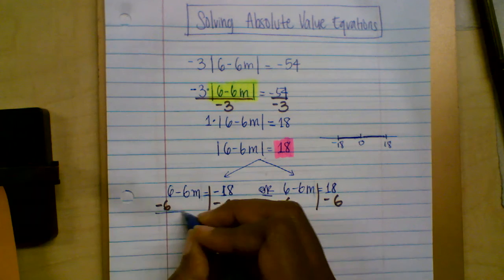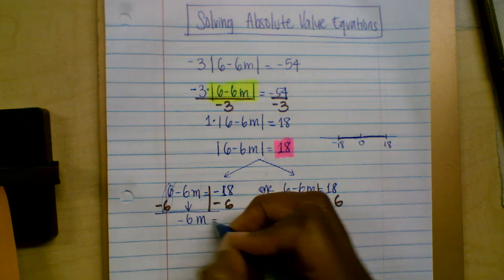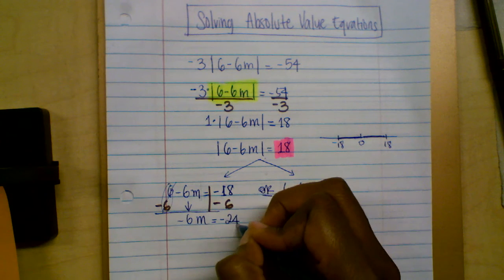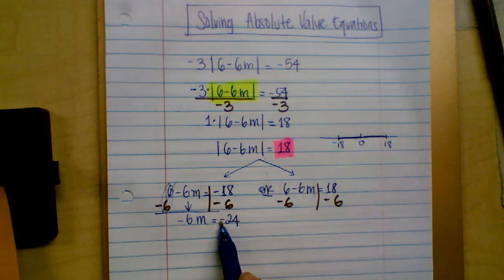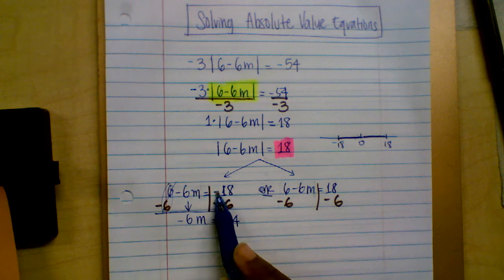So the new equation will be, the 6s cancel out to 0, -6m equal to -18 minus 6, which simplifies to -24. Why? You're adding numbers with the same sign, so you keep the sign and add the numbers. 18 plus 6 is 24, and since they're both negative, the answer is -24.